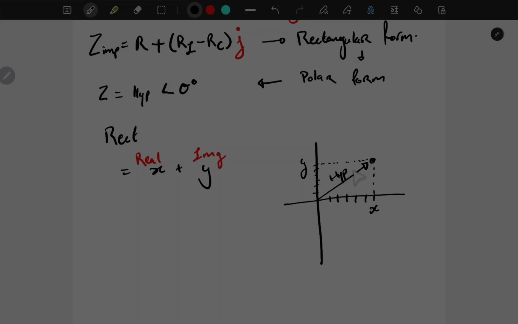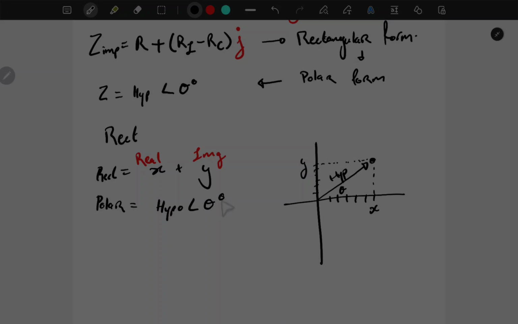We can use Pythagoras' theorem or trigonometric ratios, and then we can find the angle, or calculate one of the sides. So this is our rectangular form, and our polar form is going to give us the hypotenuse and the angle theta.